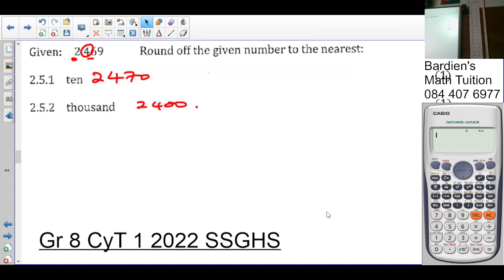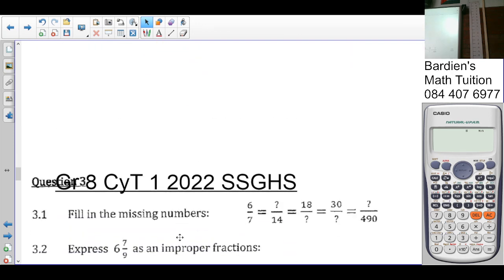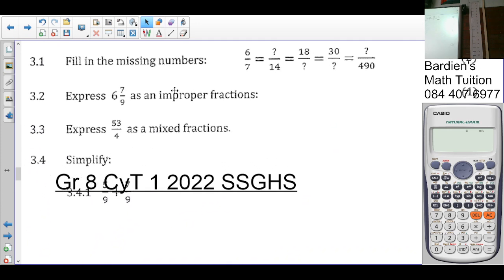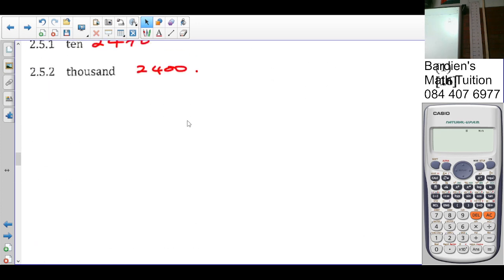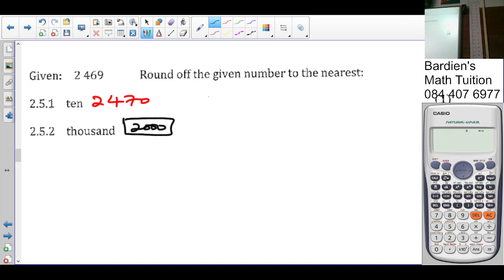You all agree with that? I think some of these questions were in the last class test, no? Is that correct? Yes, sir. So it's 2000. Yes, absolutely correct. My mistake. See, I wouldn't have gotten full marks. So no chocolate for me. Okay, 2000 is correct.